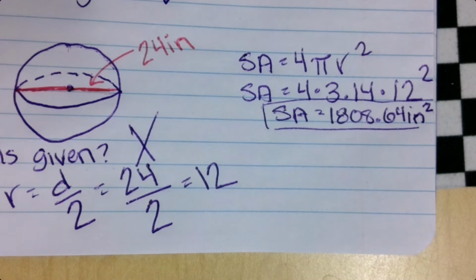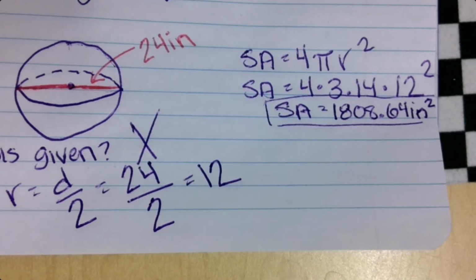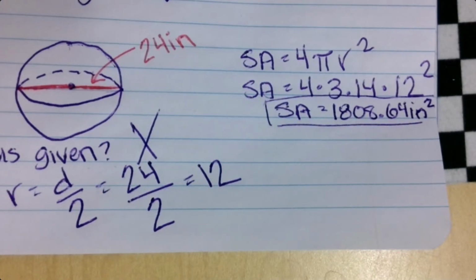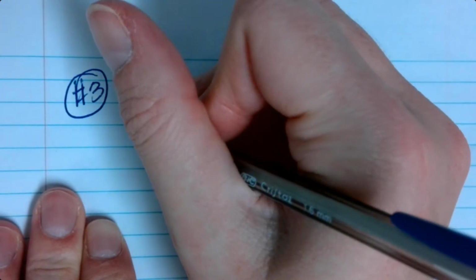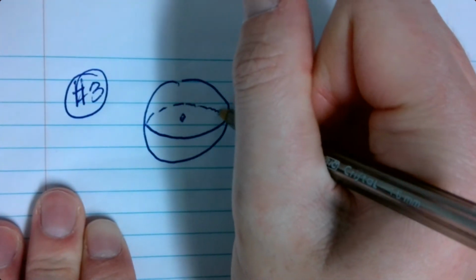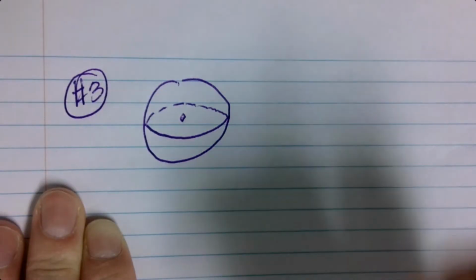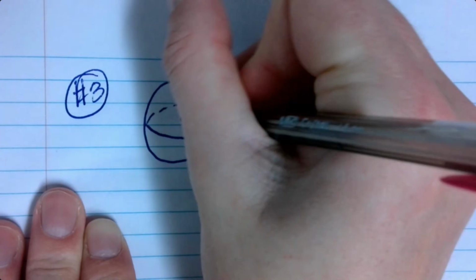All right, so now the next few, I'm going to have you do a little bit more yourself. So for number 3, let's start with our circle, a dot in the middle, a curved line underneath, a dotted line going above, and then let's do from the dot to the right.